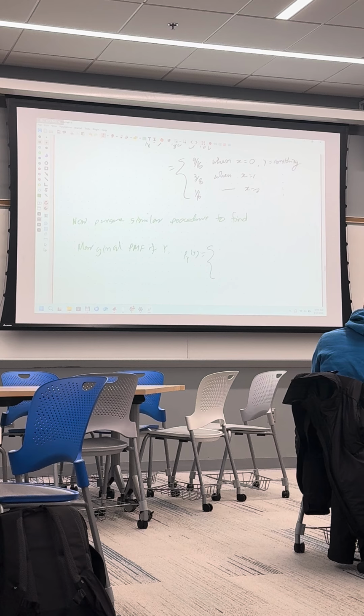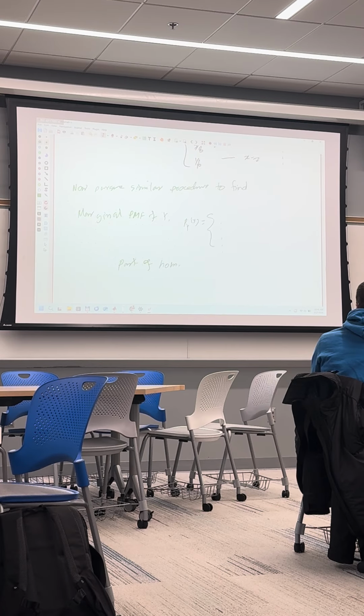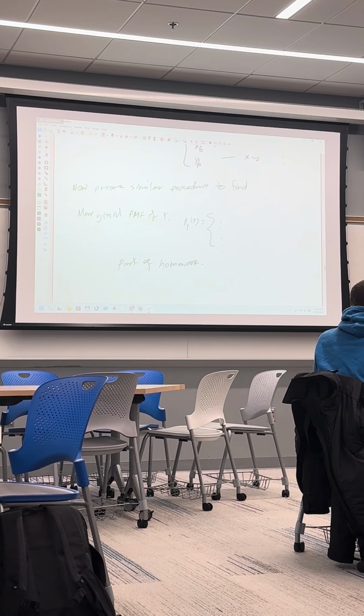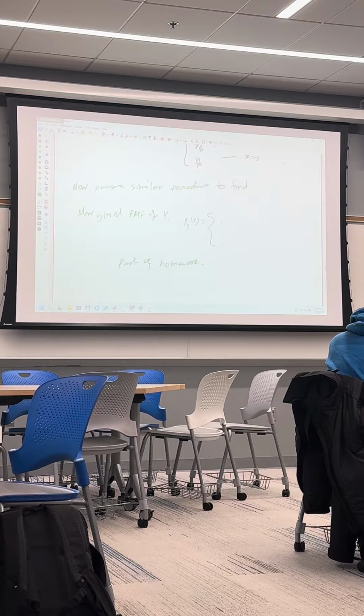You just write this probability and make sure that you add them together, you sum them up, and that the summation is 1. So that's all you do, and I'm going to put this part as part of the homework. I'm not going to go through this part of the homework. So you just follow a similar procedure. All right.